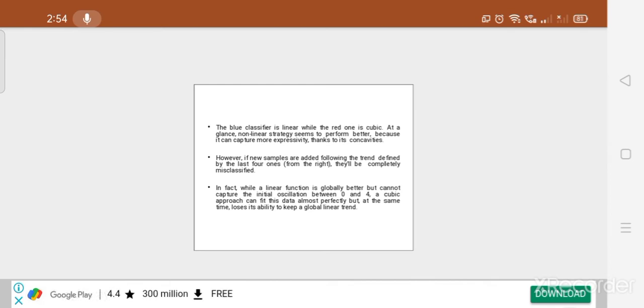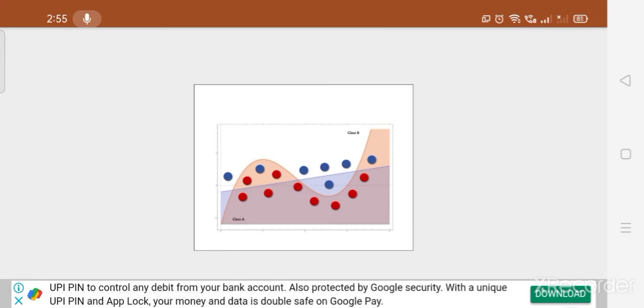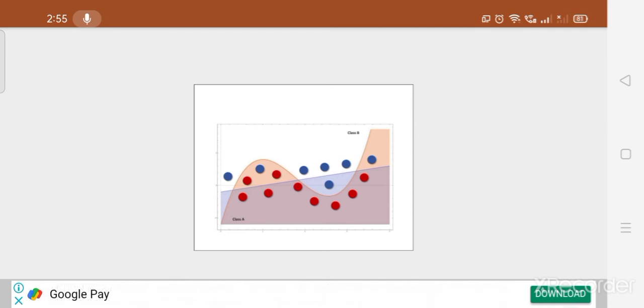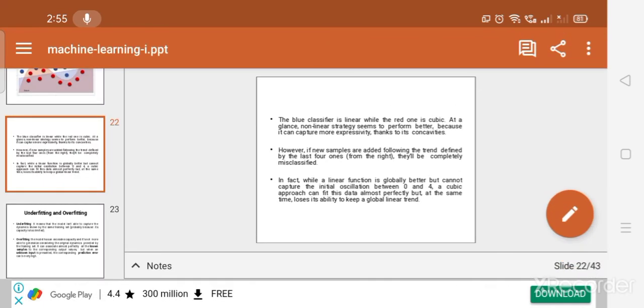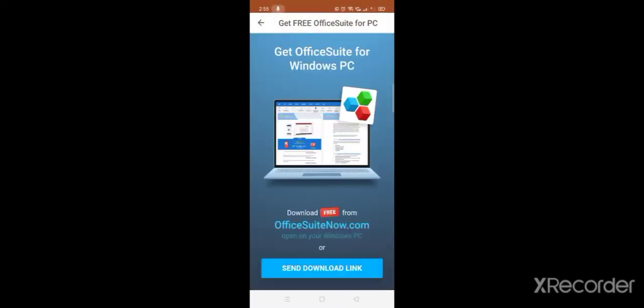The non-linear strategy can capture the curve-like structure of the cubic data, and it misclassifies two samples in this data set. The linear one, with straight lines, cannot capture the initial oscillation from 0 to 4.